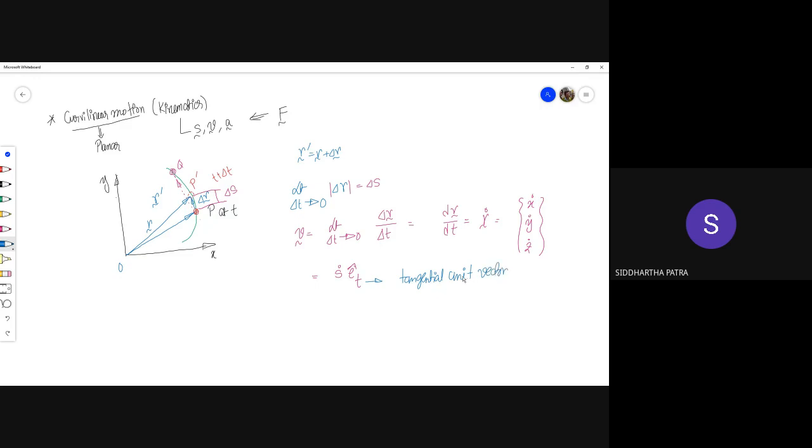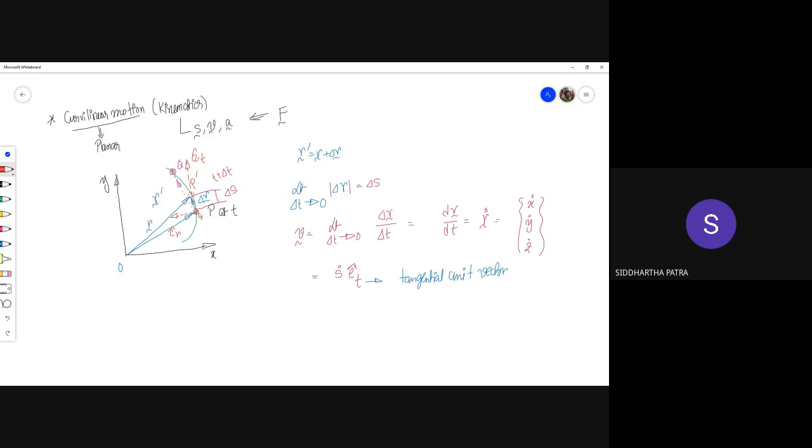What I'm trying to refer to here is that I could represent two orthogonal directions, one that is normal to the path and one that is tangential, so I'm talking about this unit vector.